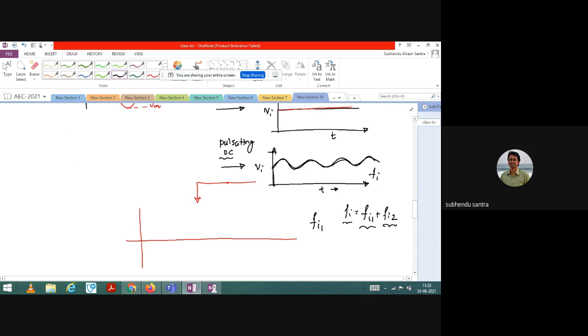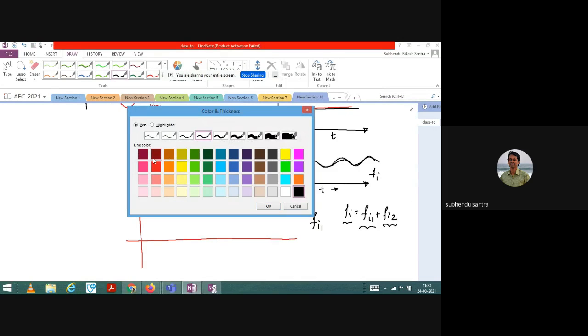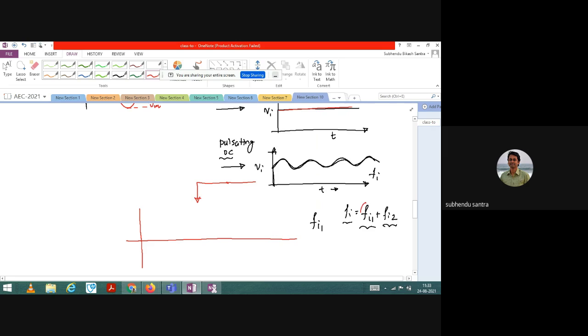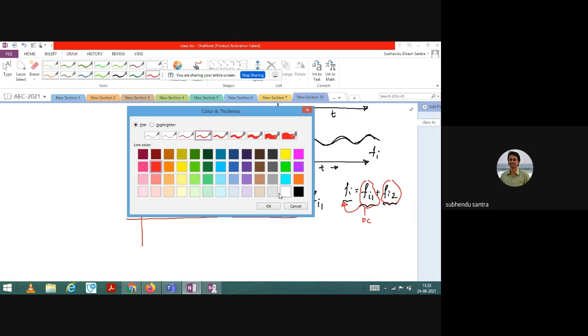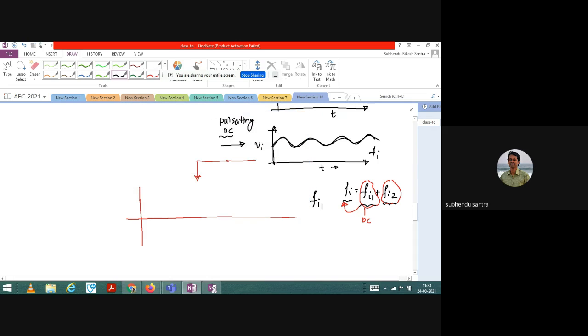Now I am drawing the two individual signals separately, and adding these two signals results in the resultant signal I have already drawn. Now let us consider Fi1, which is purely DC. So I will draw a straight line which is purely DC, okay? This is Fi1, and this is time t greater than 0.